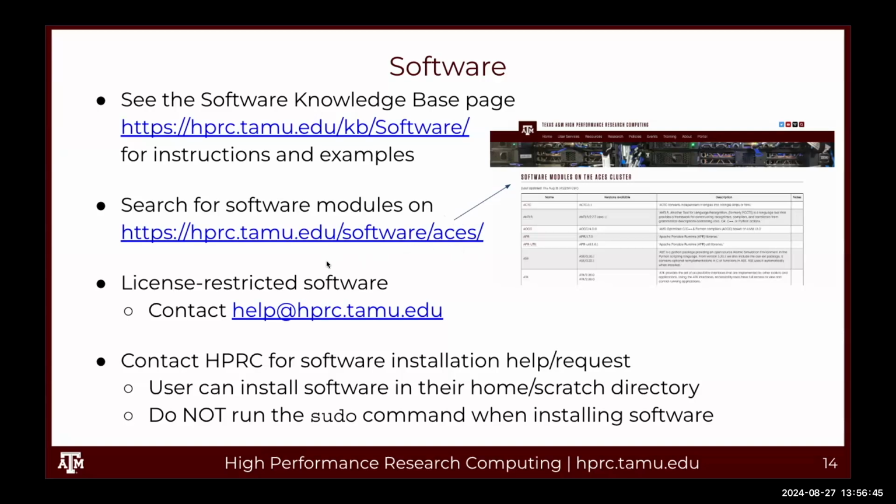For license restricted software, you can always contact us at help@hprc.tamu.edu for any software installation or any help on those. And if you want to install software yourself, you can do it in your home or scratch directory, but do not run the sudo command when you're installing the software.